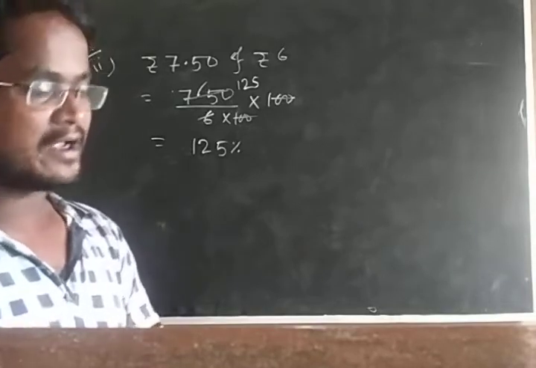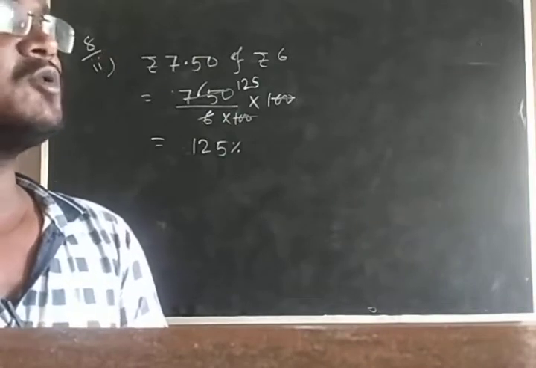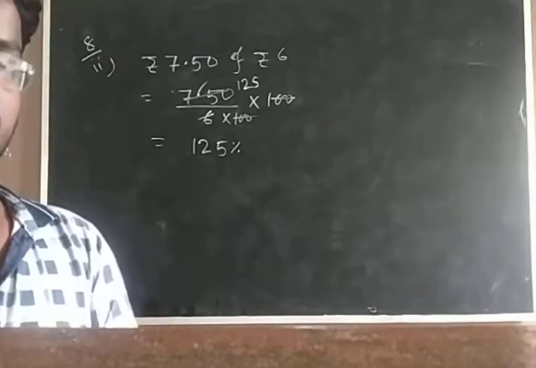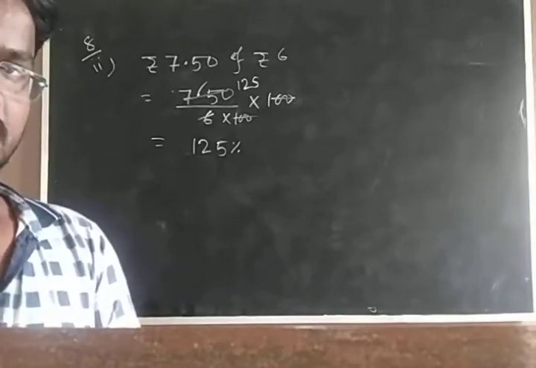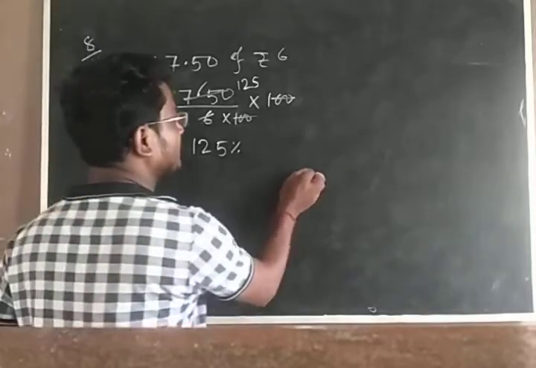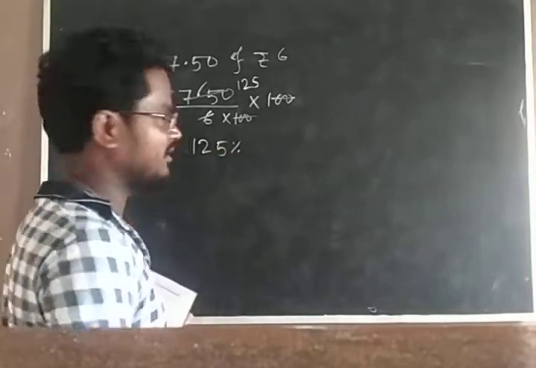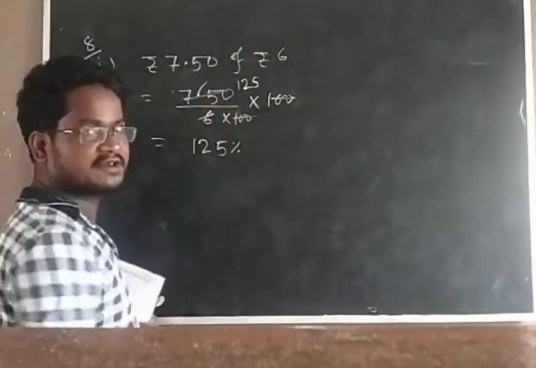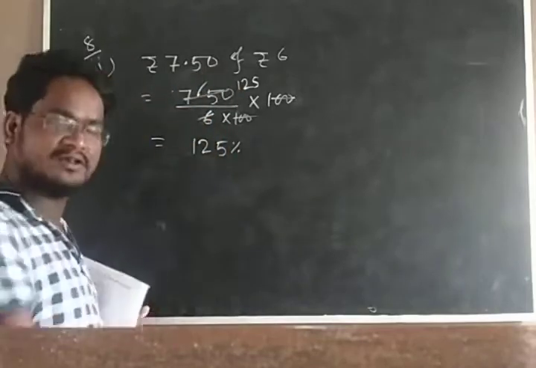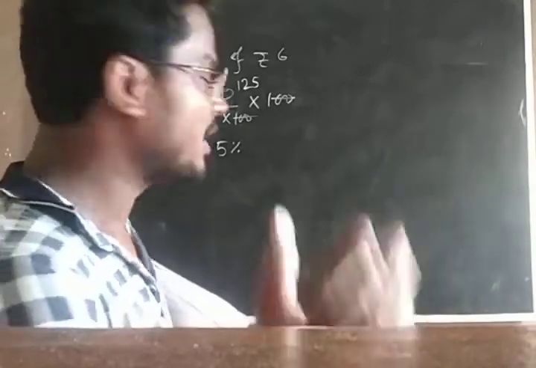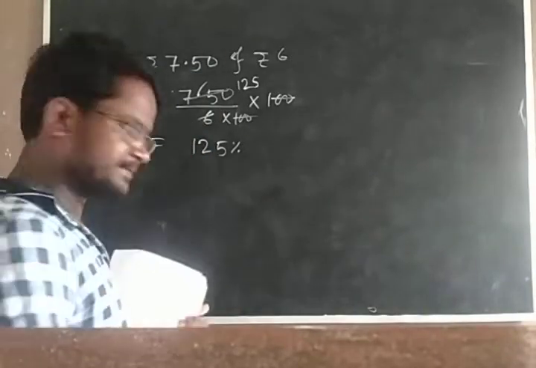You will tell, sir, I am using 2 methods, so I will get 2 marks, another 2 marks. Suppose the question was 3 marks, and you have done it in 2 methods. Then if I give extra marks, your score will be 125 out of 100. That is 125%. Just see now, 7.50 out of 6, it is possible. Out of 6, if anyone got 7.50, then out of 100 it will be 125%.